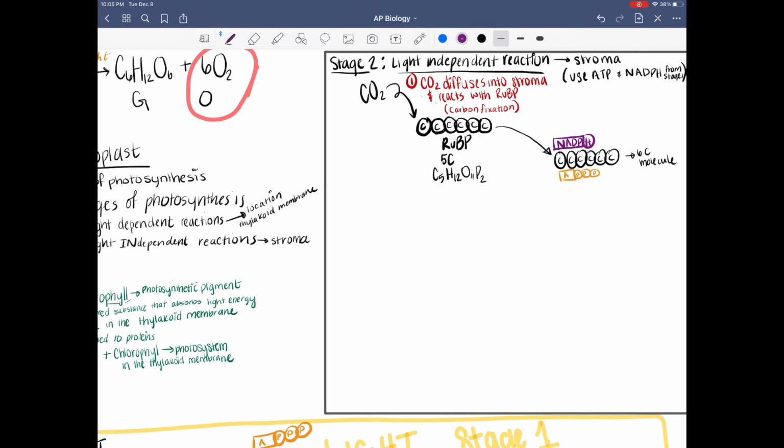We absorb the hydrogen from the NADPH, which releases NADP plus, and we use the energy as we break ATP down into ADP. So we've got enzymes, ATP, and NADPH all working together to break down this 6-carbon molecule.